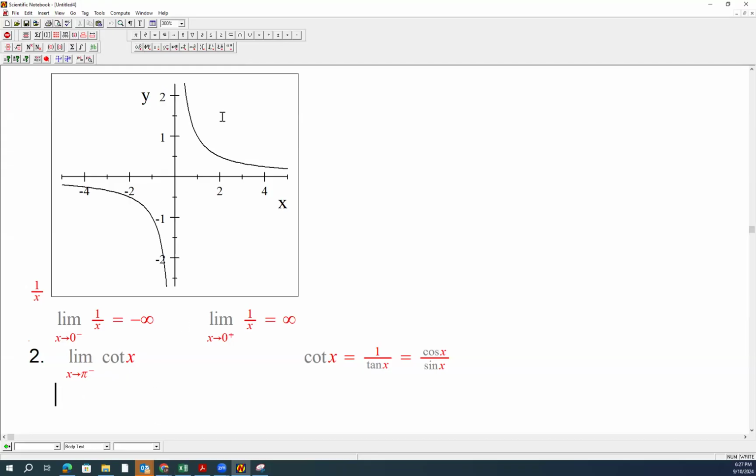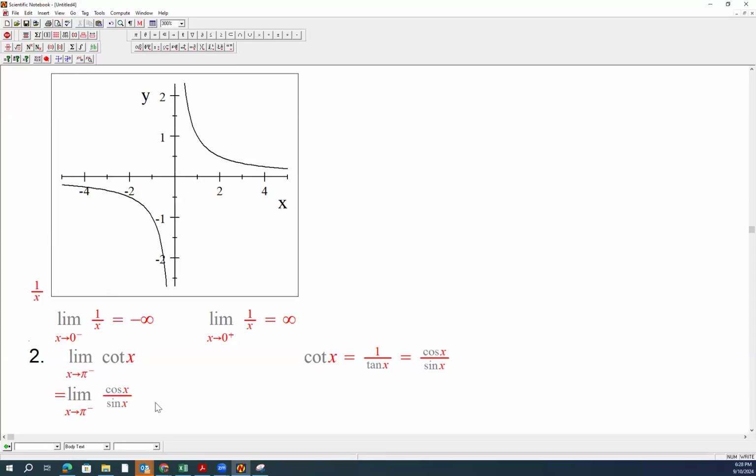If you don't remember what cotangent is, that's okay, but you certainly know the relationship between cotangent and tangent, if you know about tangent, which would be good. Suppose you don't even remember tangent, we're going to use cosine over sine.